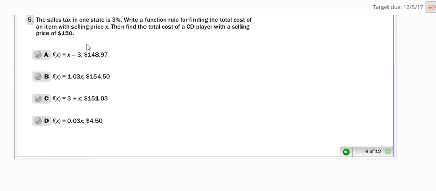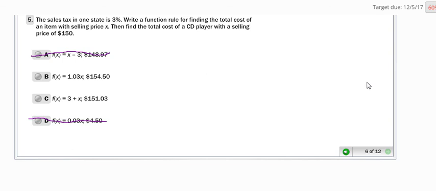Alright, so this says sales tax in one state is 3%. Write a function rule for finding the total cost of an item with selling price x. Then find the total cost of the CD player. Well, if you think about it, if they're adding sales tax on, it's obviously going to be bigger than the original amount because you're adding sales tax. So $148.97 is out because that's lower than $150. $450 is out because that's lower than $150.